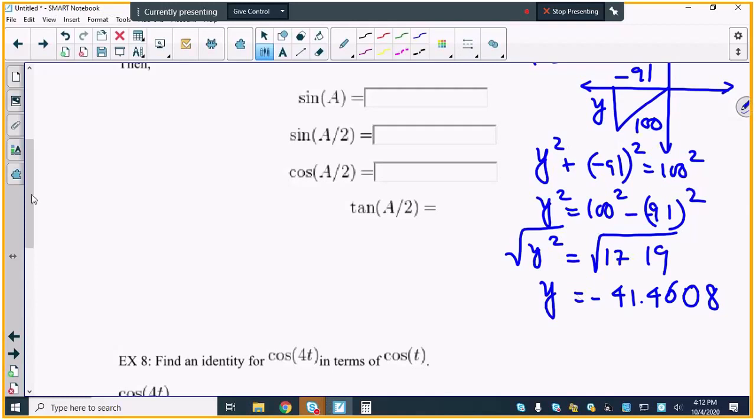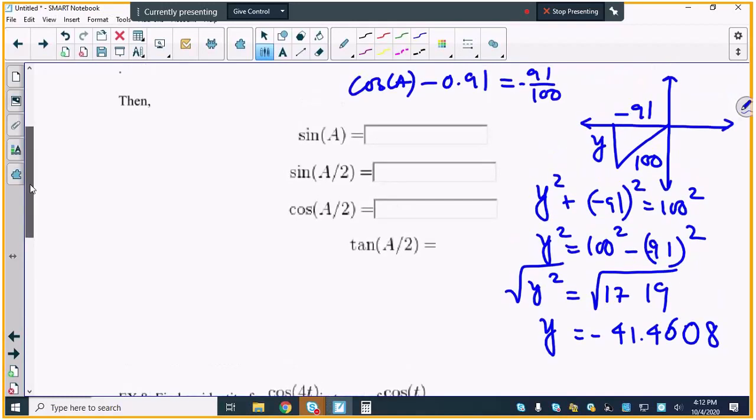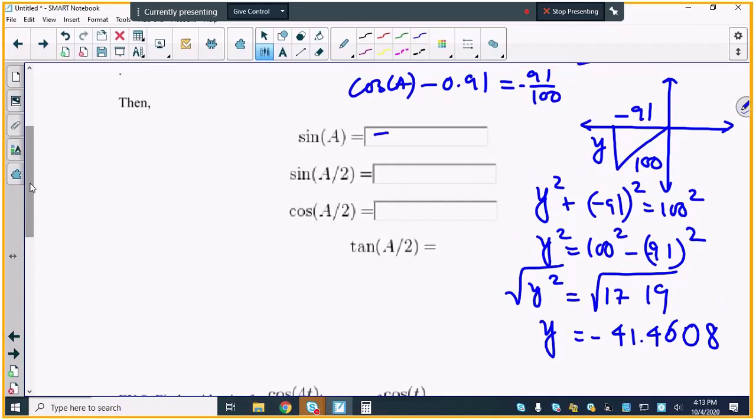So sine of a is y over 100. So that's going to be minus 0.414608. Remember, whatever we got, negative 41.4608, that's y over the hypotenuse 100. So that is negative 0.414608.